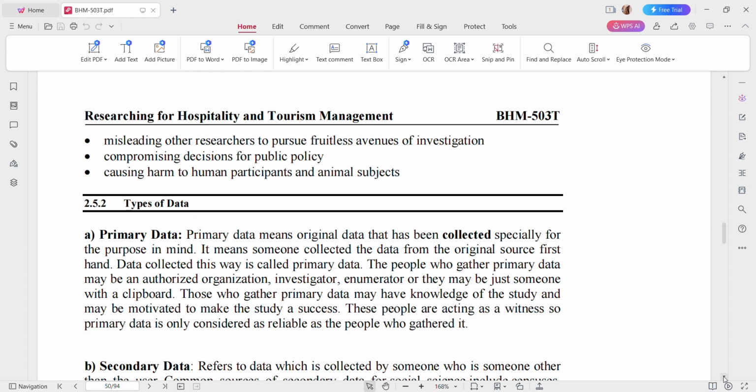Misleading other researchers to pursue fruitless avenues of investigation, compromising decisions for public policy, and causing harm to human participants and animal subjects.